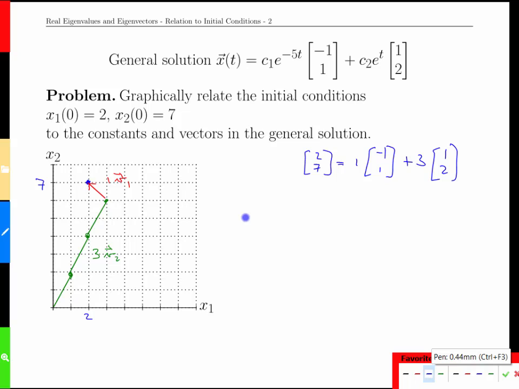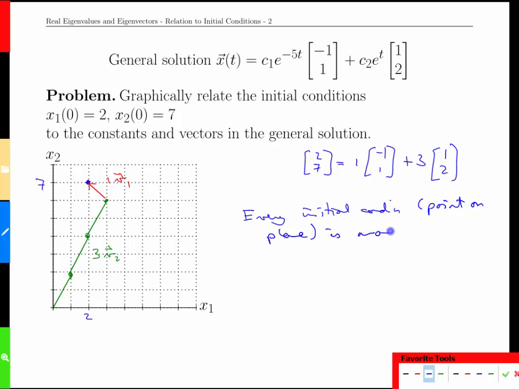What that's telling us is that every initial condition, because every initial condition is a point on this plane, is made up of a unique linear combination of that v1 vector and the v2 vector.